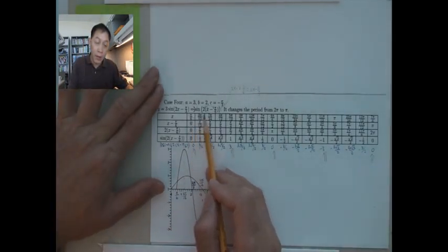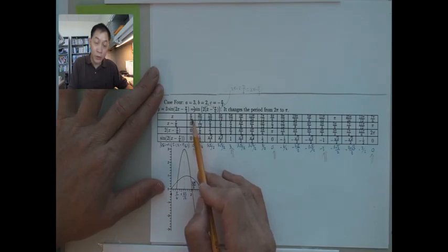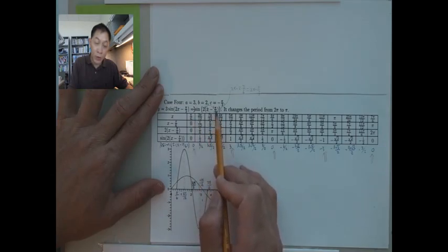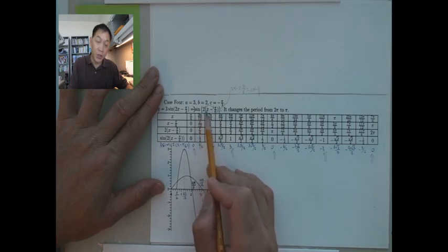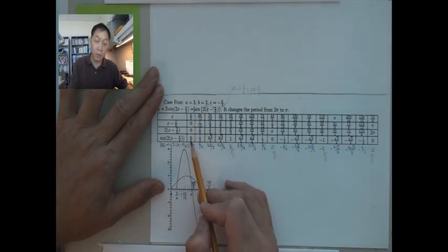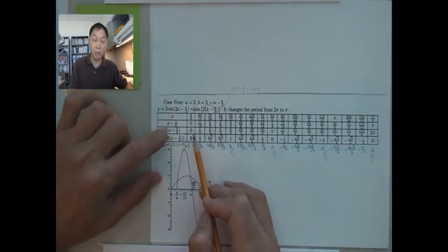Look, when x equals pi over 6, minus pi over 6 is 0. And then 2 times 0, you got 0. So sine 0 is 0, and then you times 3, you got 0. Those are the details.